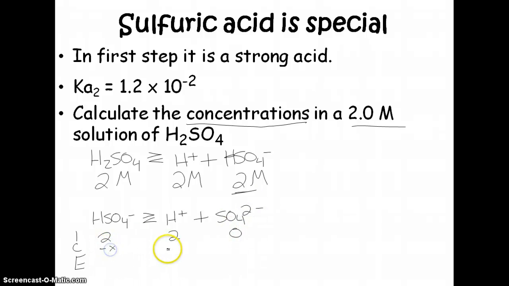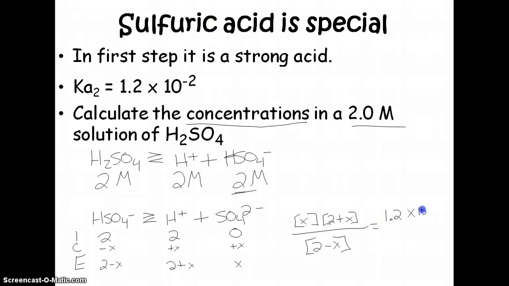So we're going to minus X, plus X, plus X, 2 minus X, 2 plus X, and X. So we get this in our equilibrium expression. We have X times 2 plus X, so this is products over reactants, and then 2 minus X. That's equal to the 1.2 times 10 to the negative second Ka.